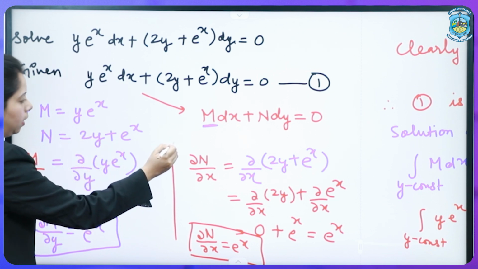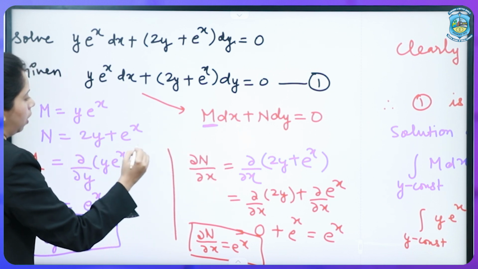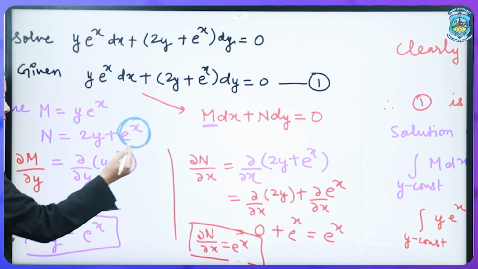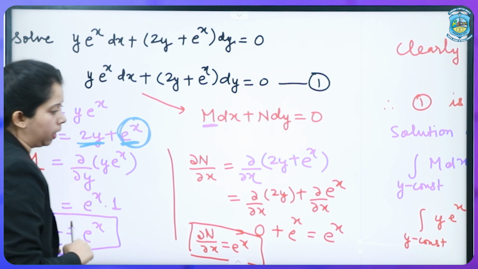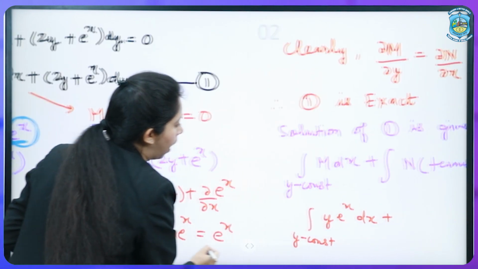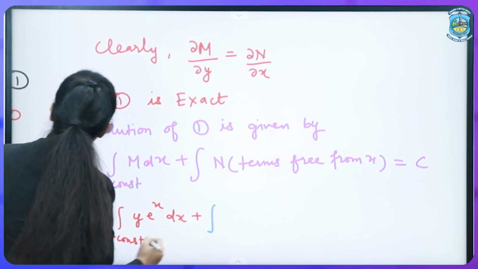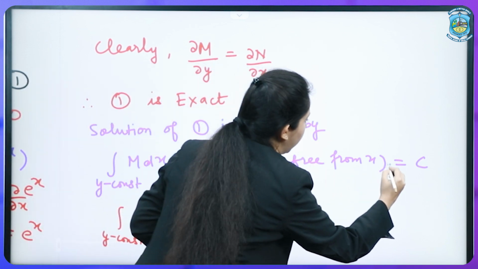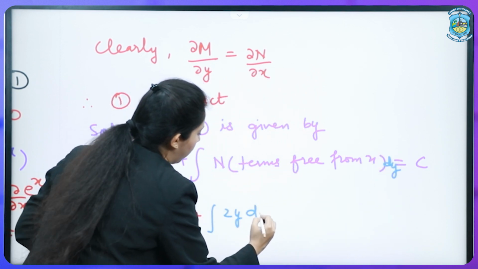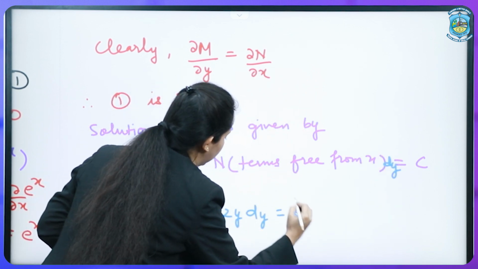We can see that e^x is a function of x, but the first term 2y is free from x. So the value of N will be just 2y dy, here we are missing out dy. So 2y dy is equal to c.